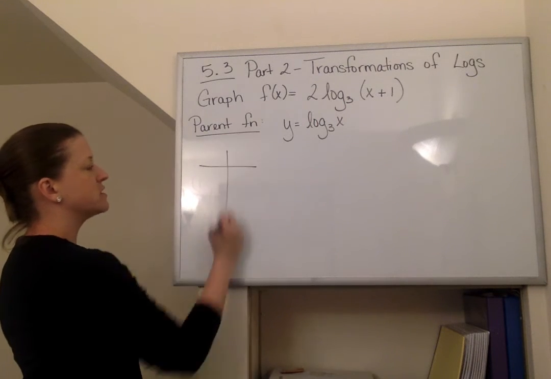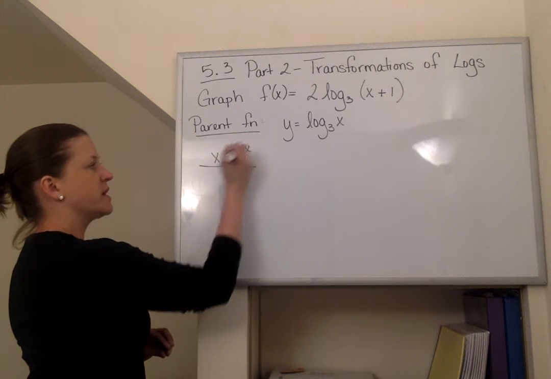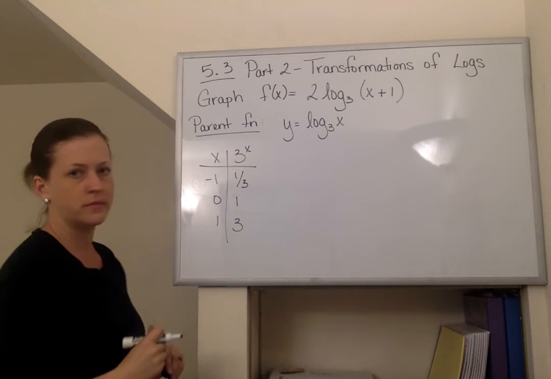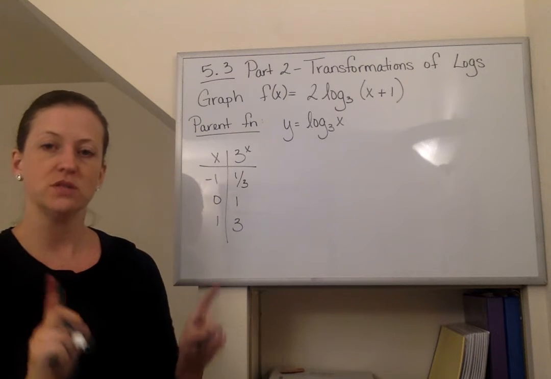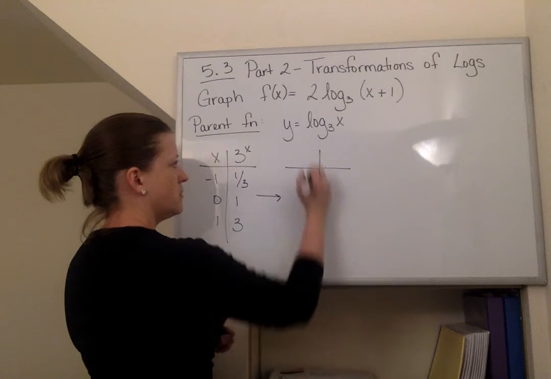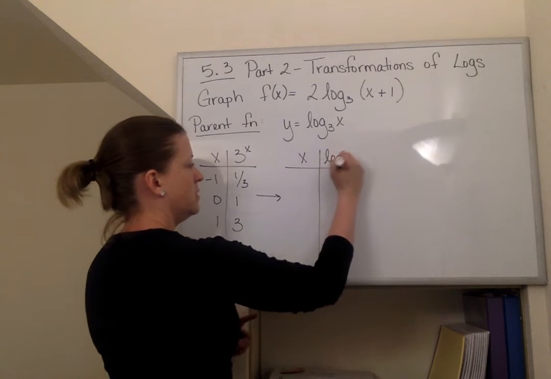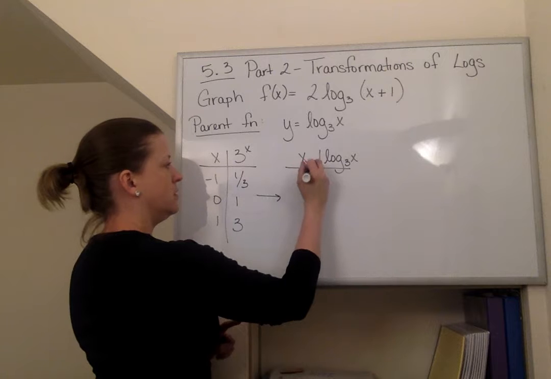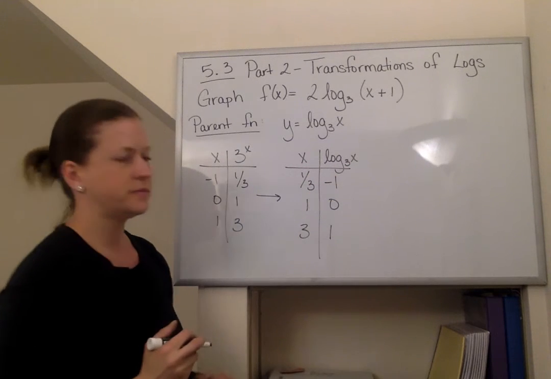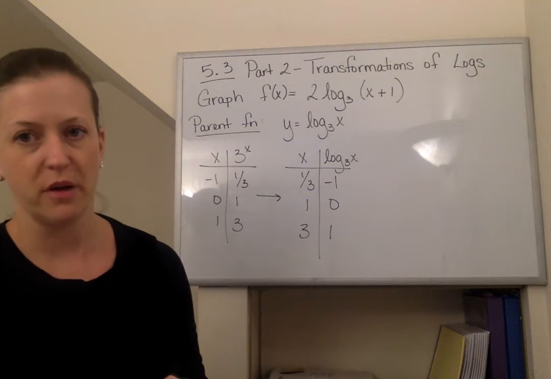So again, if I just quickly make a table for 3 to the x, then all I have to do is switch the x and y values. And I've got points for my parent function.